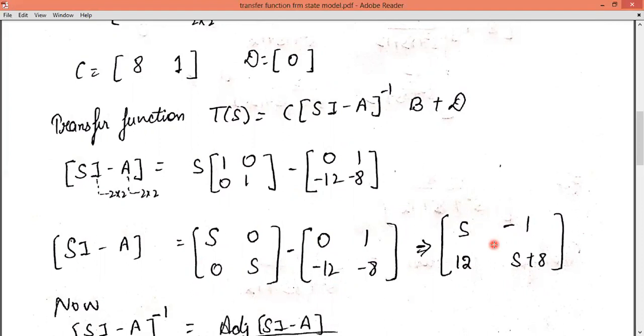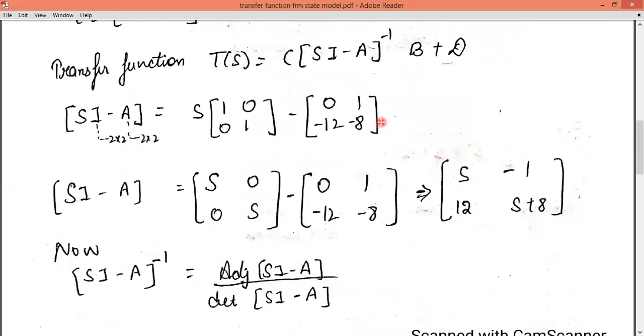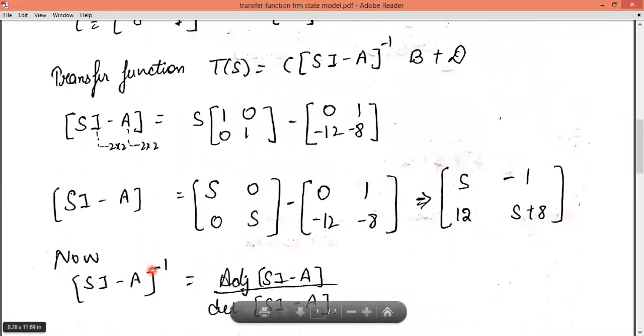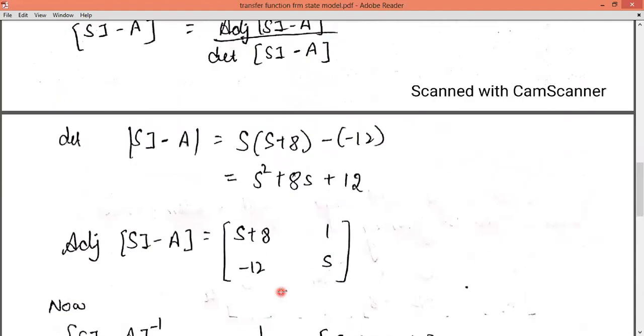According to the transfer function solution, we need to find the inverse of this matrix. To find an inverse, we need the adjoint of the matrix upon the determinant of the matrix. So here it is the adjoint of sI minus A upon the determinant of sI minus A. First we will find the determinant.